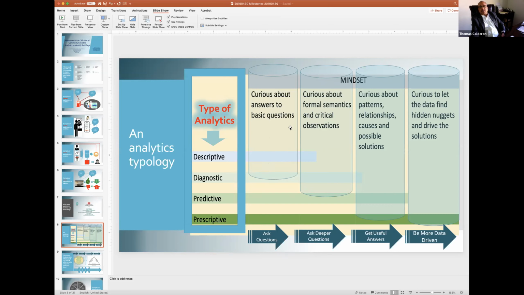We could ask some more critical questions or more formal questions. We may be curious about, for example, do customers who use smart toothbrushes brush regularly?